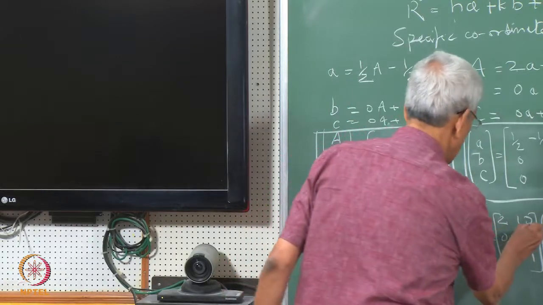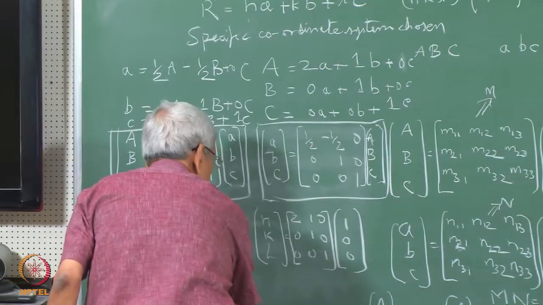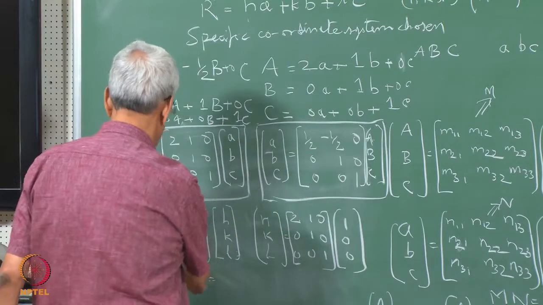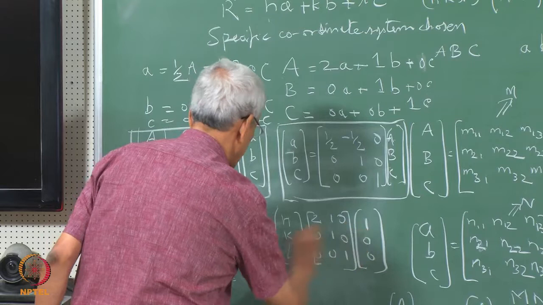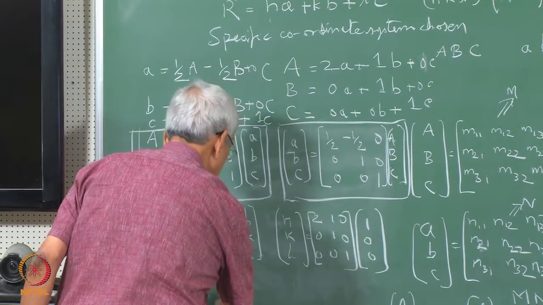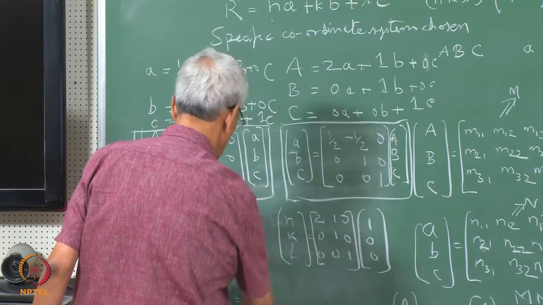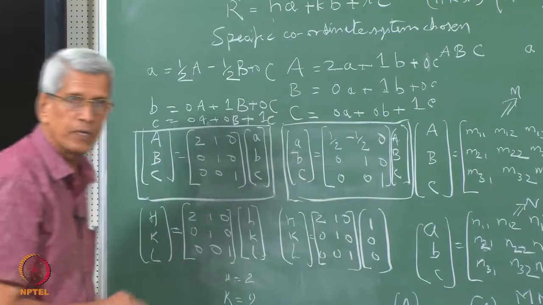That is HKL. H will turn out to be 2, K will turn out to be 0, L will turn out to be 0.